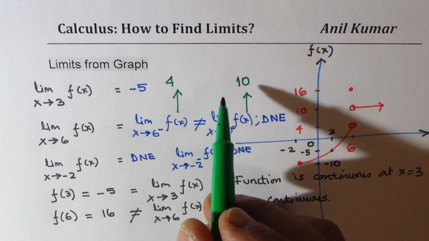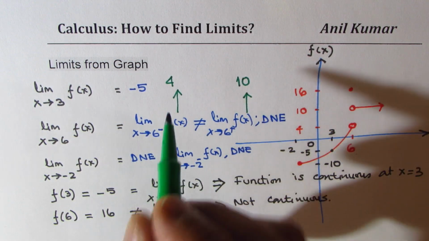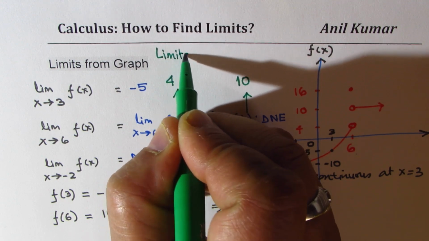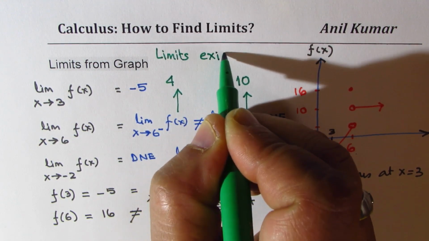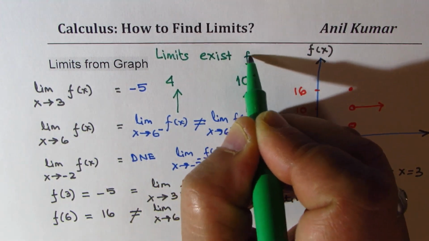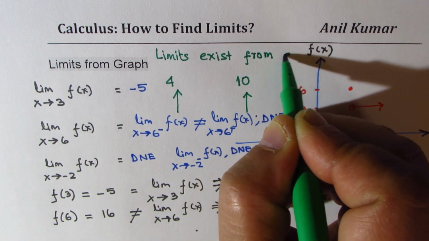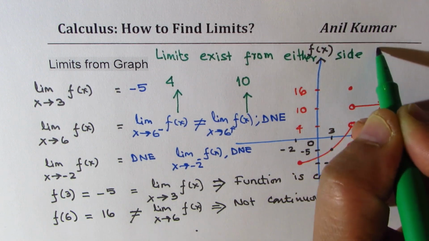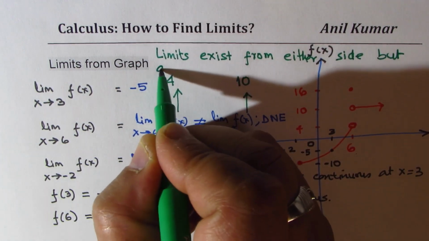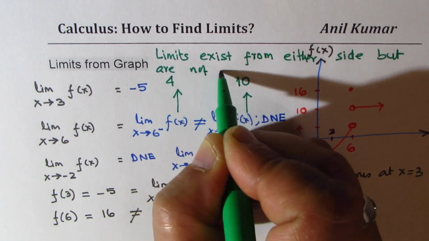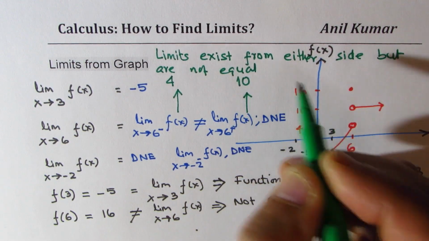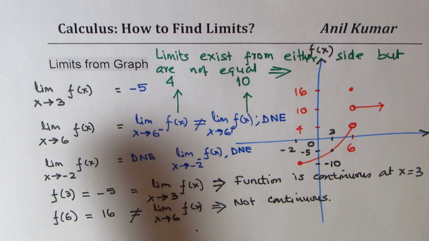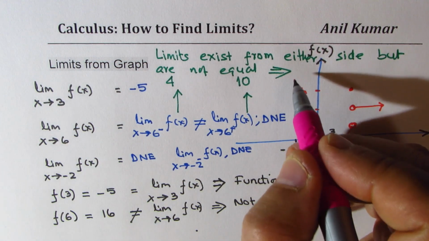So the limits exist from either side but are not equal. That means we are looking at a jump discontinuity.